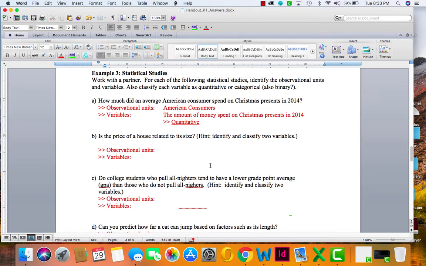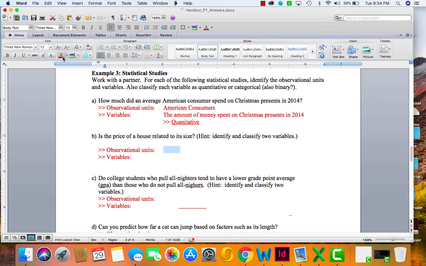For part B, is the price of a house related to its size? In this case, identify and classify two variables. So what are the observational units? So again, think about what or from who or from what are you gathering data? And you're getting the price and you're getting the size of what? A house.